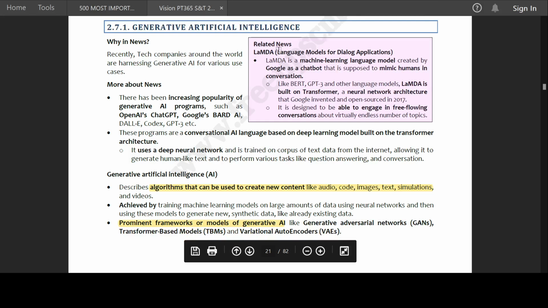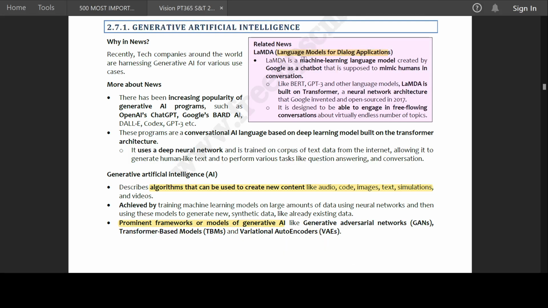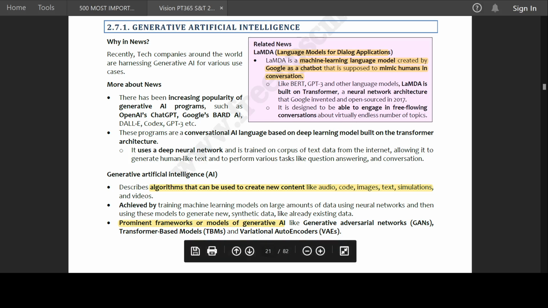LaMDA, Language Models for Dialogue Applications, is a machine learning language model created by Google as a chatbot that is supposed to mimic humans in conversation. Like BERT, GPT-3, and other language models, LaMDA is built on the transformer neural network architecture that Google invented and open-sourced in 2017. It is designed to be able to engage in a free-flowing conversation about virtually endless numbers of topics.